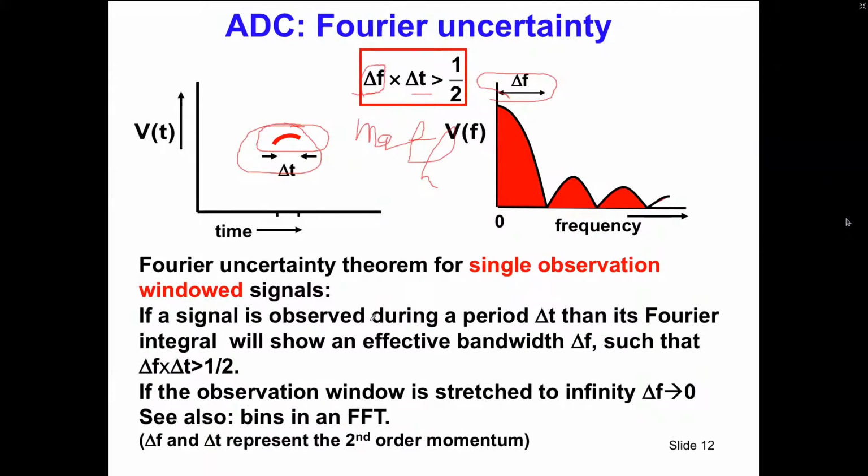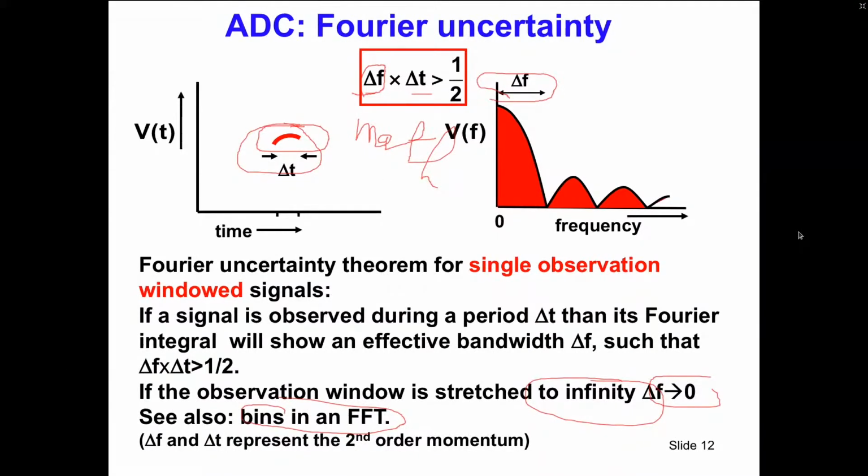And that means that for all kinds of observations that we do, we need to stretch the observation window preferably to infinity, because if the observation interval is infinite, then we have a very low uncertainty in the frequency. This is something that pops up if you take an FFT from your A to D converter and in several other aspects while doing measurements.